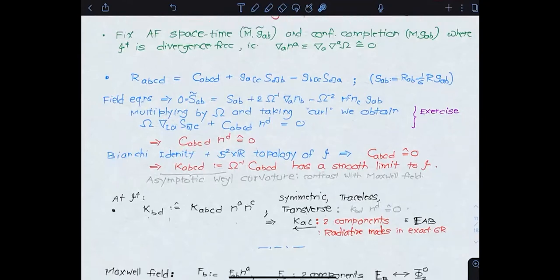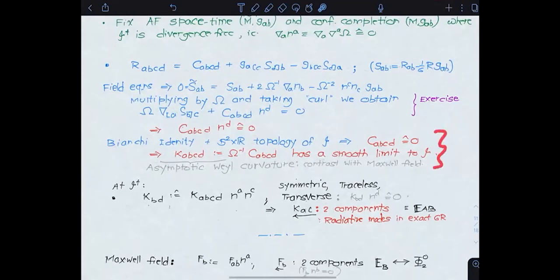And now there is a more difficult part, which again, if we had half an hour, I could prove to you, but we don't have so much time. So it is in the literature that if you use the Bianchi identity and the fact that Scri has S2 cross R topology, then that implies that in fact the full Weyl tensor is equal to 0. As a remark, this subtlety arises only because we are using cosmological constant equal to 0 and Scri is null.